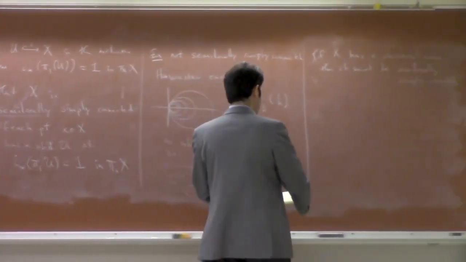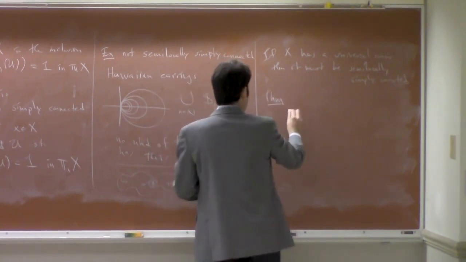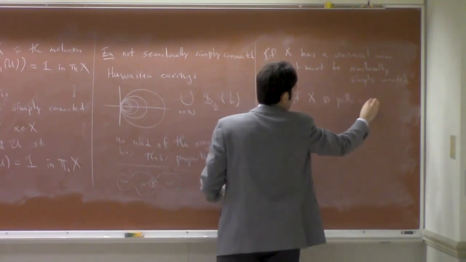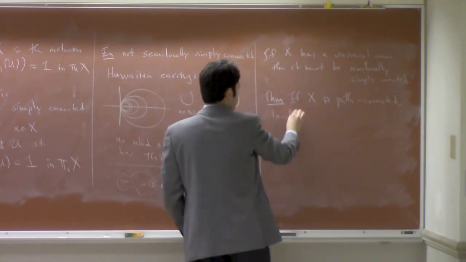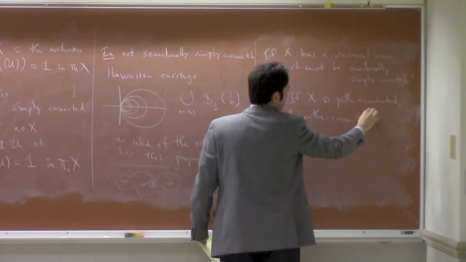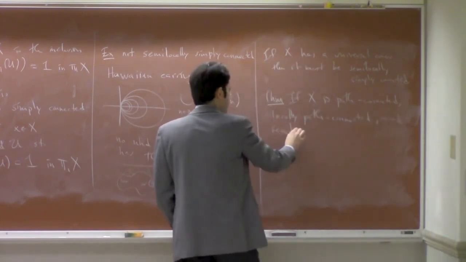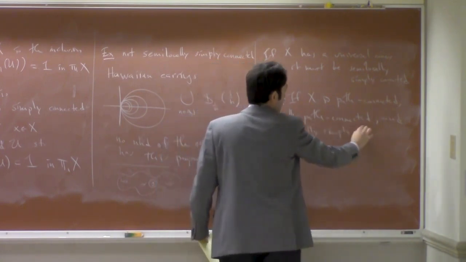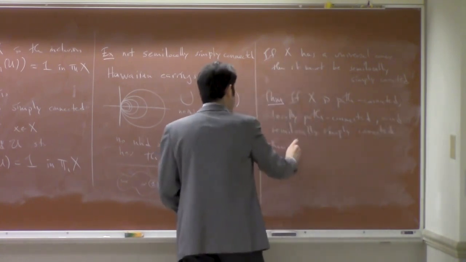Okay, so here is a very satisfying theorem. If X is path connected, locally path connected, and semilocally simply connected, then it has a universal cover.